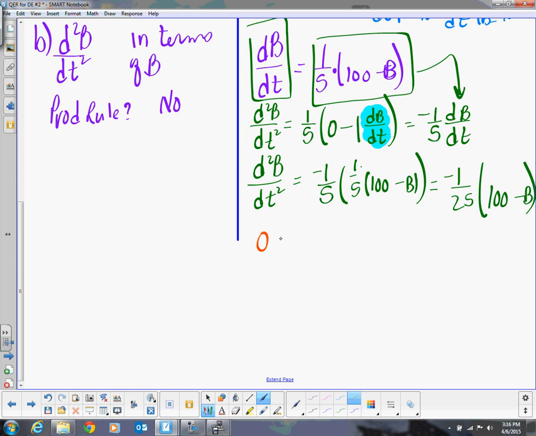So if I say 0 equals negative 1/25 times 100 minus b, and I multiply by negative 25, I get 100 minus b. And when I add b, I get b to be 100. So, if we look at our graph, our y values are going from, it looks like, 20 to 100.